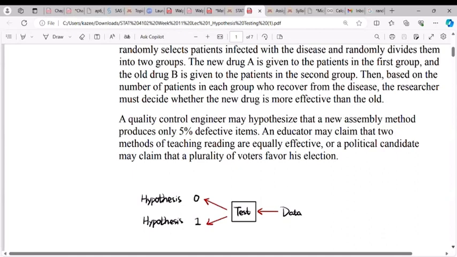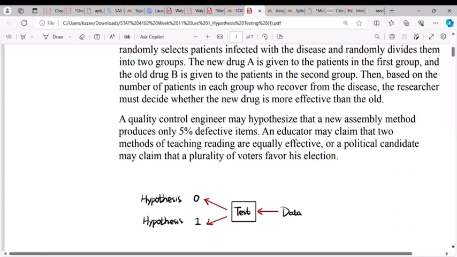So if a quality control engineer makes this particular claim, we can take a sample of what has been produced, then investigate the totality of defectives we have, to be able to say whether we should reject or accept the claim of this engineer.